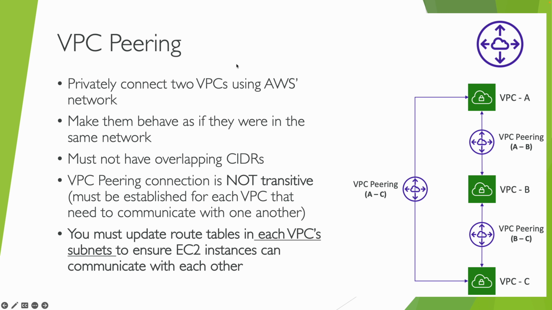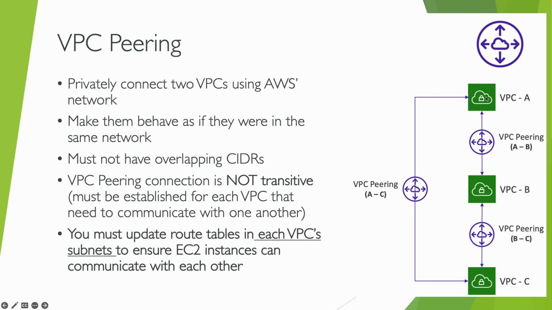Now we'll see another concept, which is called VPC peering. So far we have created a single VPC, with some public and private subnets, and we communicated between the public and private subnets in the same VPC. VPC peering privately connects two VPCs using the AWS network.